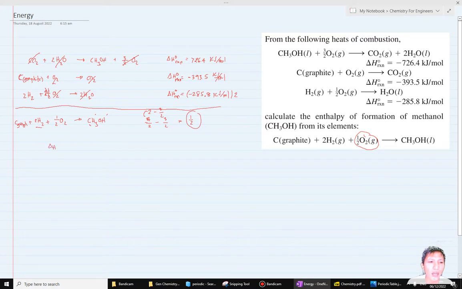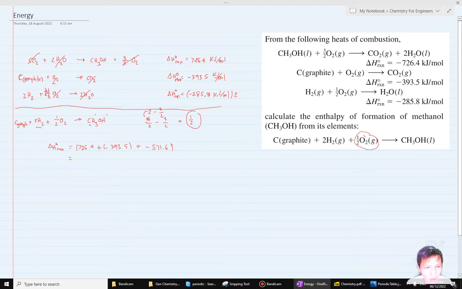The standard enthalpy of reaction would be equal to 726.4, plus a negative 393.5, plus a negative 2 times 285.8, which is a negative 571.6. The units would be kilojoules per mole for everything, so I'll just omit the unit first, but take note we have units.